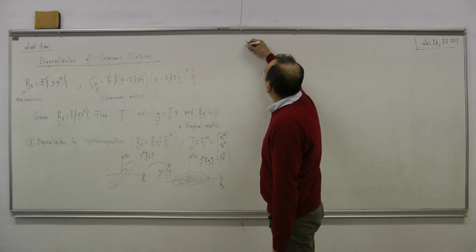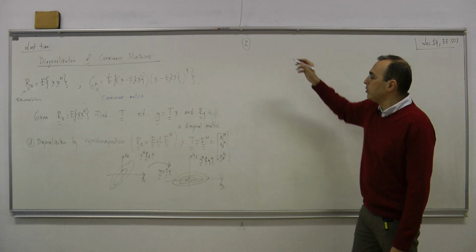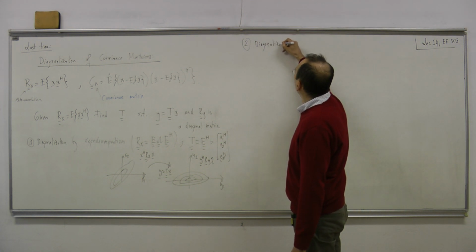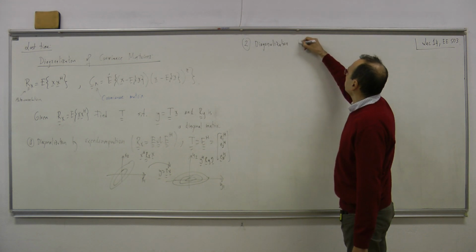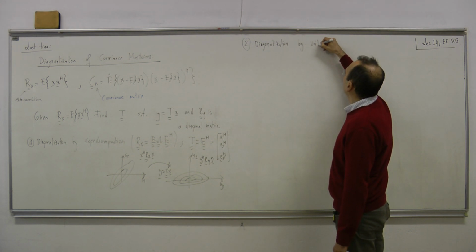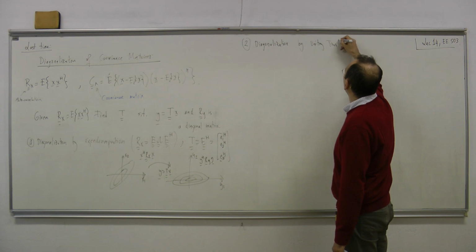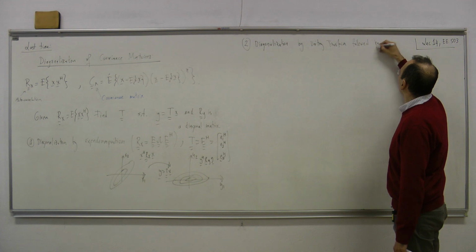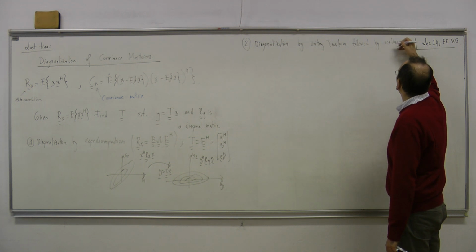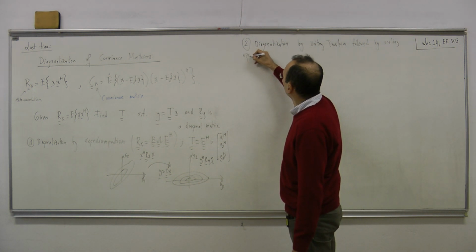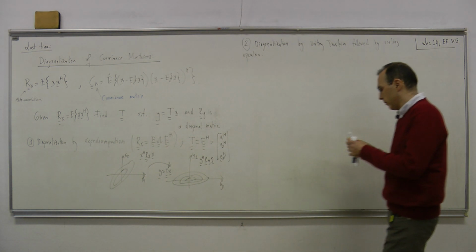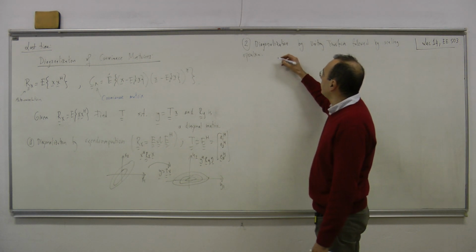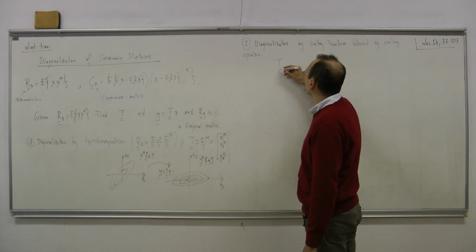Number 2. So this was diagonalization by unitary transformation followed by, let's say, a scaling operation. So what is the purpose of this? Now I have a T matrix defined in this case.